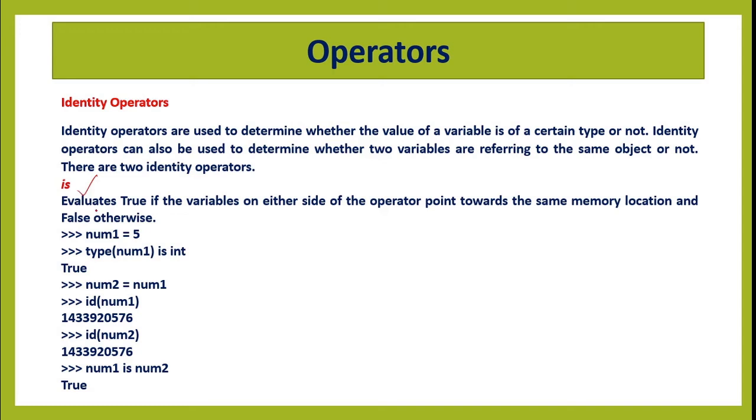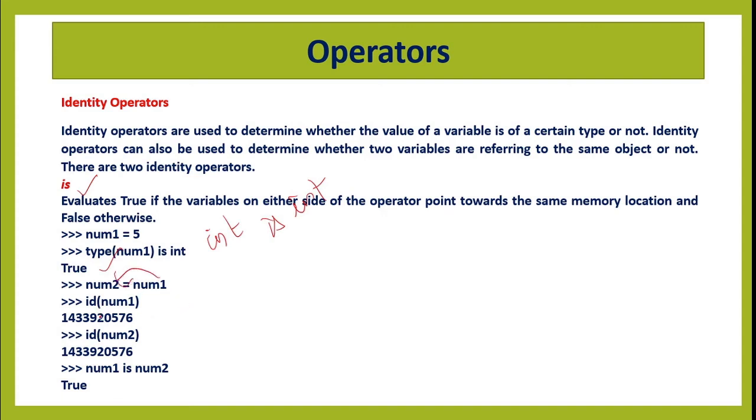So this operator evaluates to true if the variables on either side of the operator point towards the same memory location and false otherwise. Okay. So see the example here. Num1 is equal to 5. Then type of num1 is int. So what is the type of num1? It is integer. So int is int. Yes, it is true.